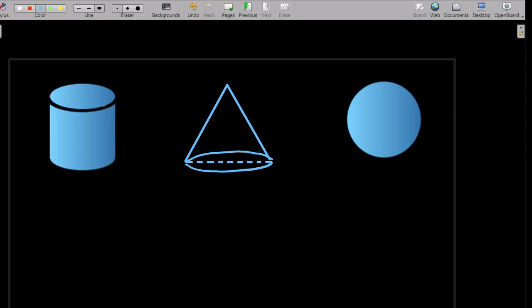So first we have a cylinder. First, we'll talk about lateral surface area, and then total surface area, and then finally volumes.